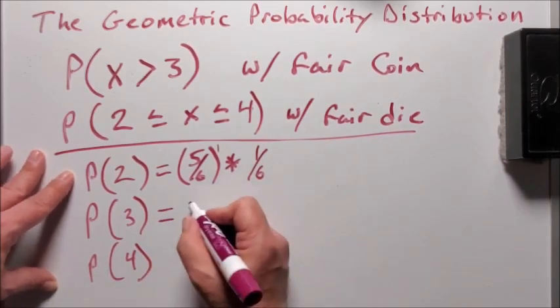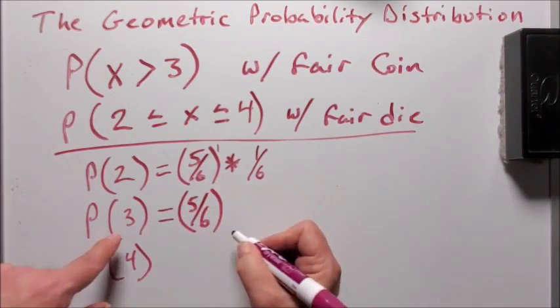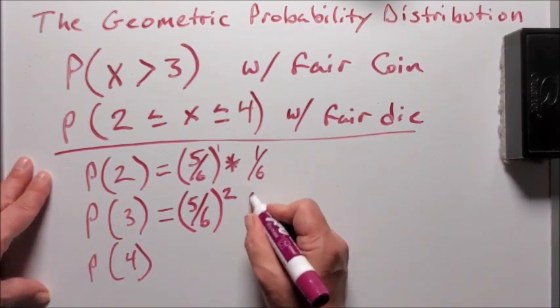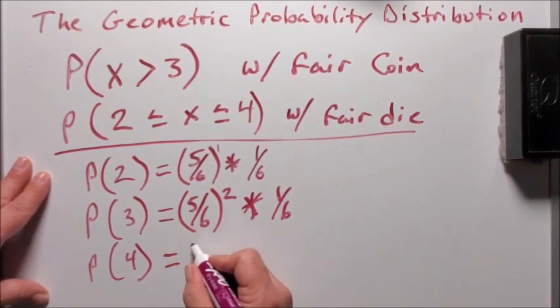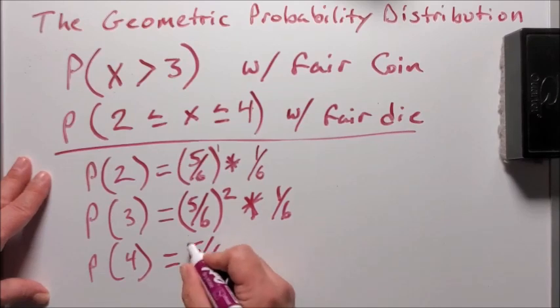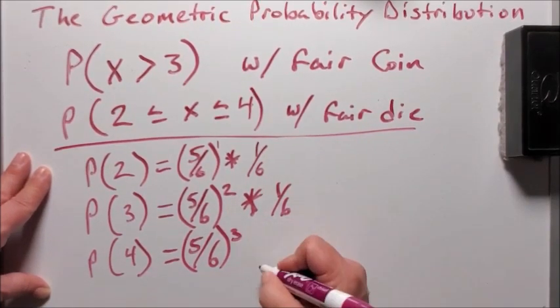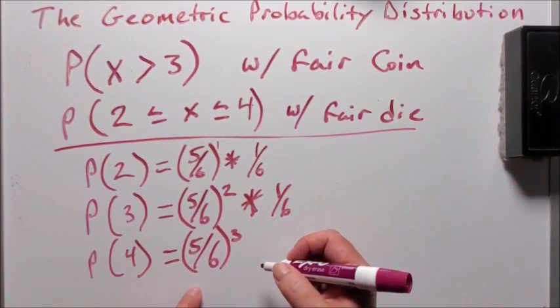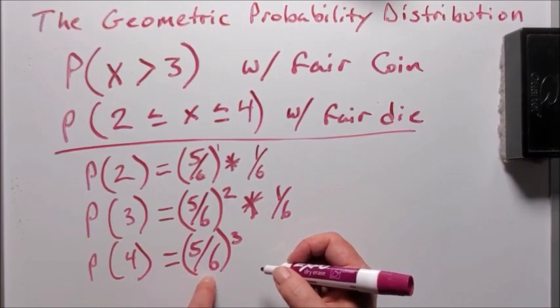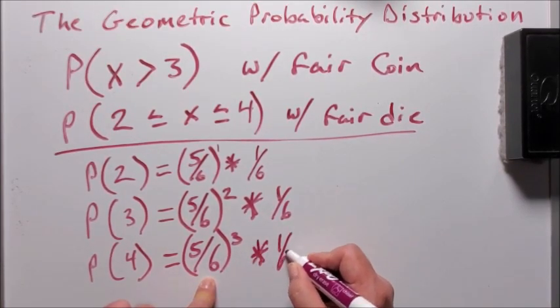Here we have failure 3 minus 1 times, 2 failures, and then a success. I want you to see this pattern. The probability of 4 is going to be 4 minus 1 as an exponent on the probability of failure times the probability of success.